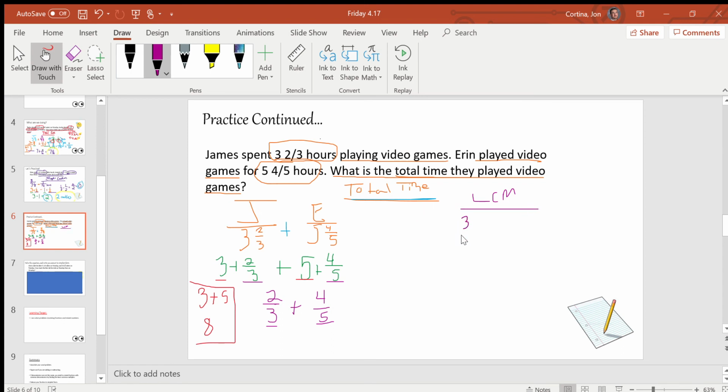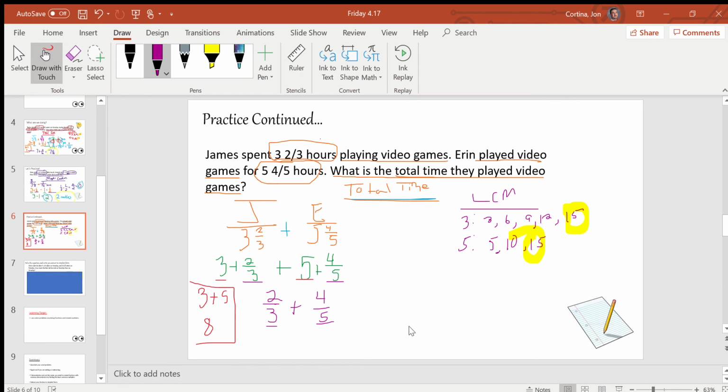So we're going to list our multiples of 3 and 5. 3, 6, 9, 12, 15. 5, 10, 15. And there it is. Common multiple is 15.